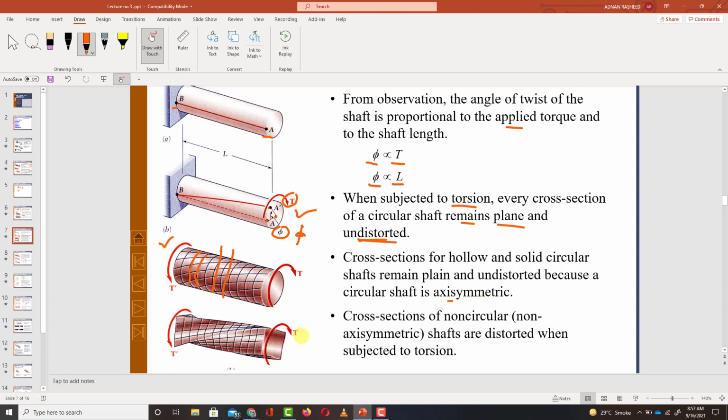While in the case of a non-circular shaft, you can see that if this is a square or rectangular shaft subjected to torsion, a twisting effect has been created in this shaft, and whenever you take the cross section at any point, every cross section will be totally different from the previous one, because they are no more plain and they are distorted. Is it clear? Yes, sir.